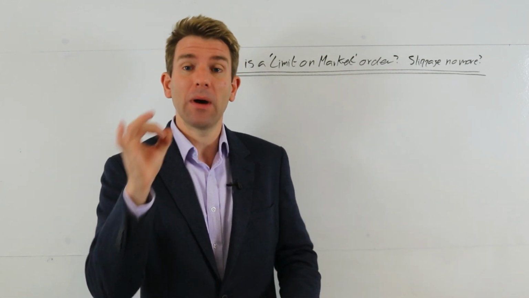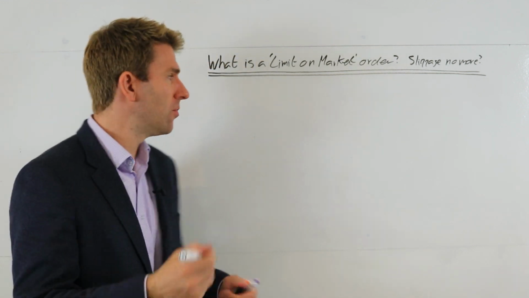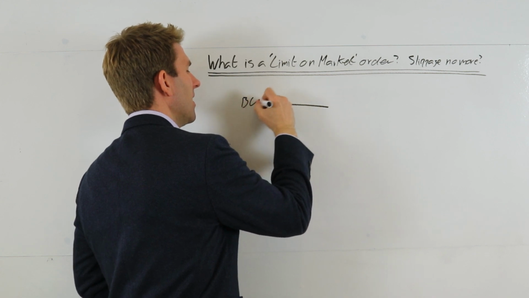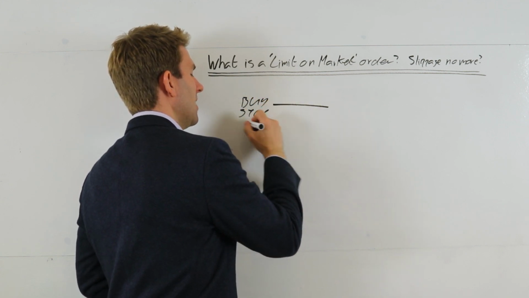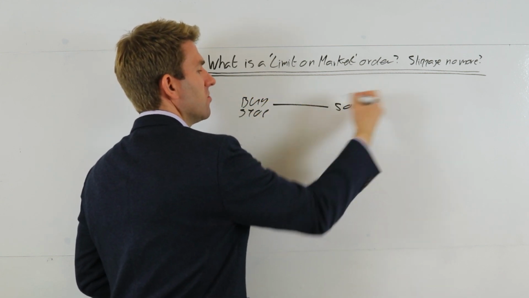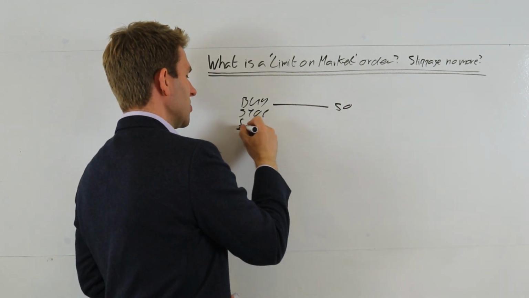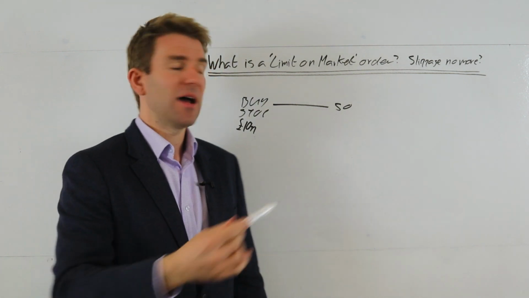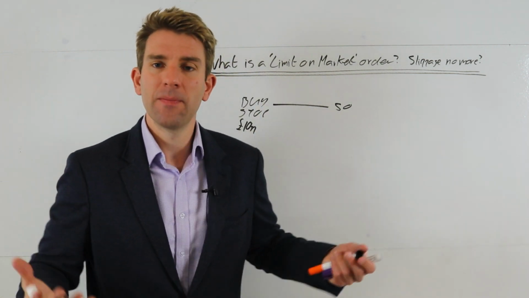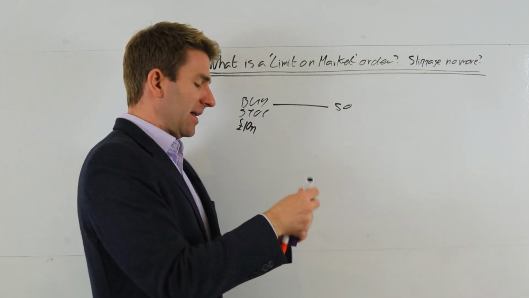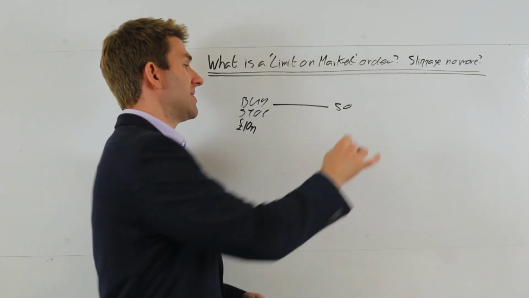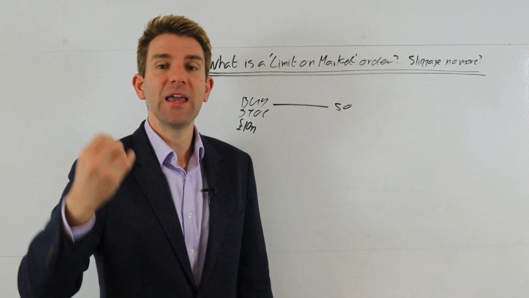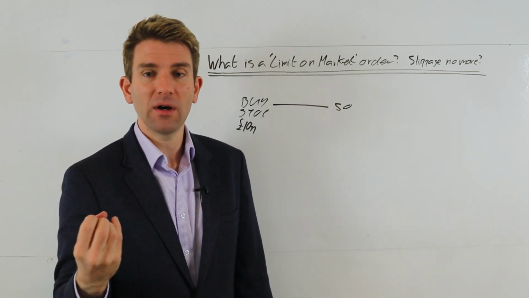So, quick recap. I've done a video on slippage exclusively before, but as an example, let's say you've got a buy stop here at the 50 level. Your order says buy, let's stick with a spread betting example, buy £10 a point, buy stop at 50, whatever the market may be. That means as the price trades at 50, your buy stop is triggered, and it's a traditional buy stop market order.